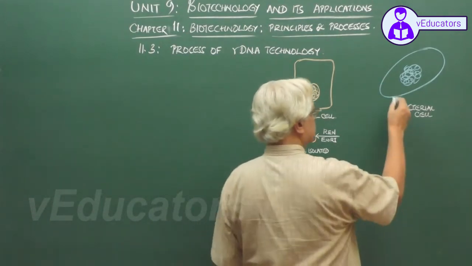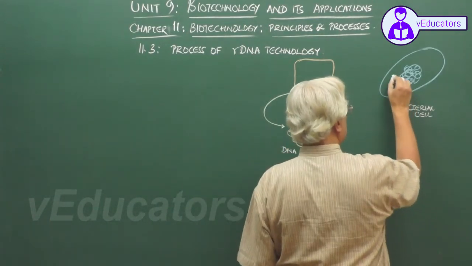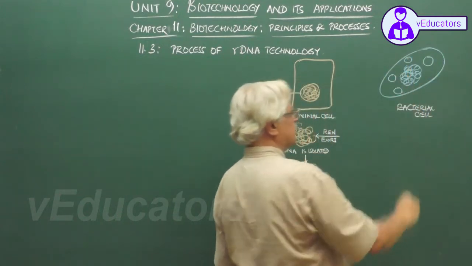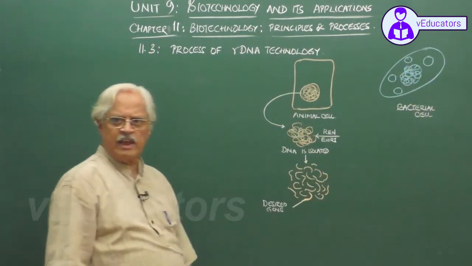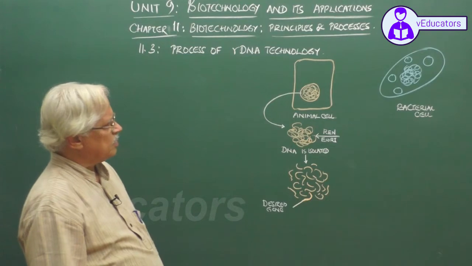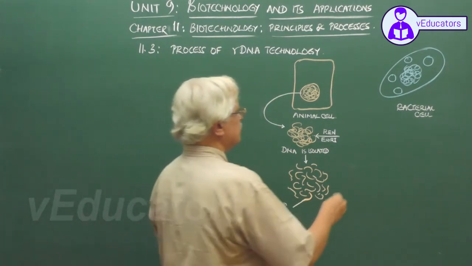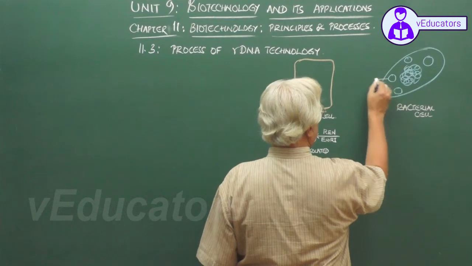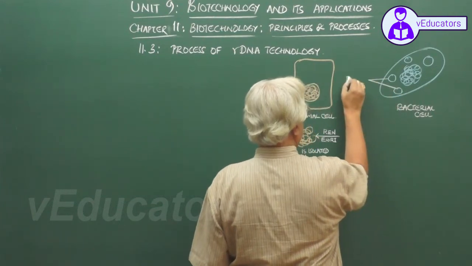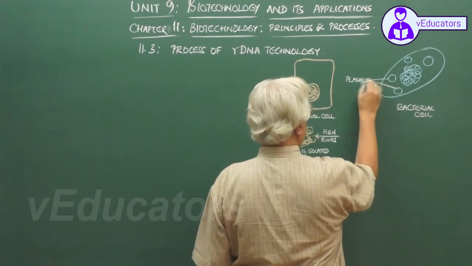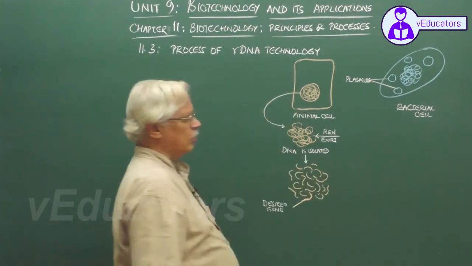Apart from this, the bacterial cell has many circular DNA molecules. These circular DNA molecules are called plasmids.